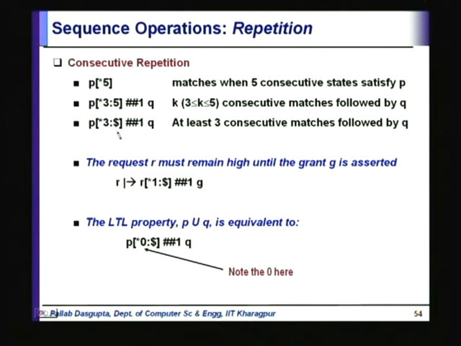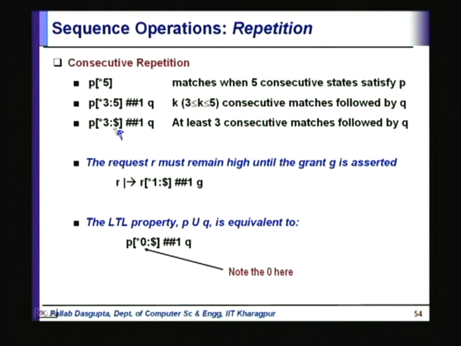If you put a dollar here, the dollar indicates end of simulation. So, if you write 3 colon dollar, then that means it is going to repeat at least 3 times and then Q must hold. At least 3 times means that it can match as many times as possible until end of simulation.